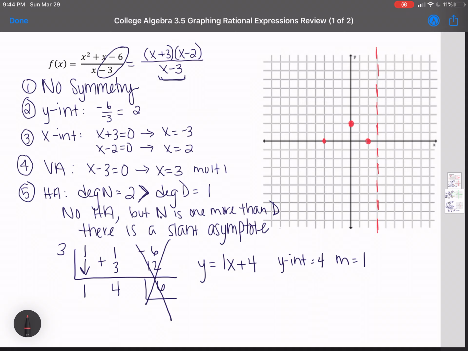No horizontal asymptote, but we have the slant asymptote. So we're going to go up to 4. And we have a slope up 1, right 1. And we're going to make our dashed line for that asymptote.